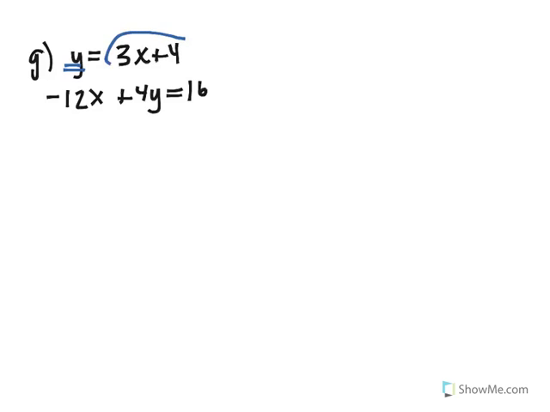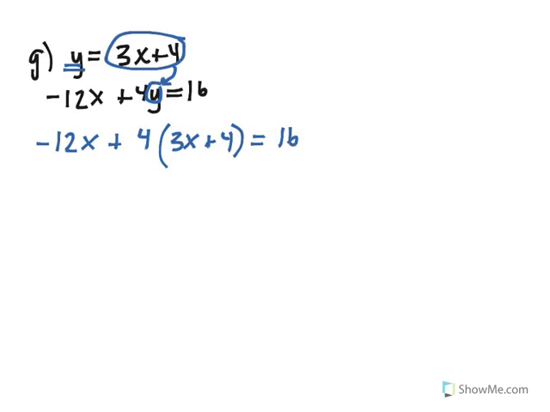So I know that y equals 3x plus 4. I'm going to take that 3x plus 4 and substitute it in for the y in my other equation. So I'm going to get negative 12x plus 4 times, instead of y, I'm going to plug in 3x plus 4, and that's going to equal 16.